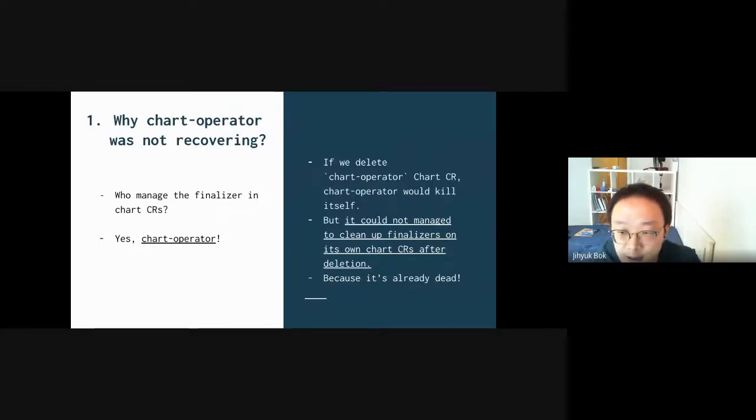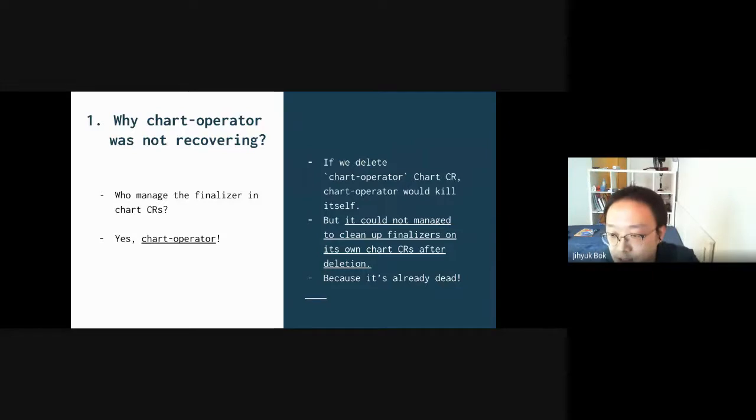There's a finalizers problem actually. So I have a little question: who manages the finalizers in the chart CR? This is the operator who reconciles the chart CR, of course, so the chart operator itself. Let's say someone deletes the chart operator FCR.